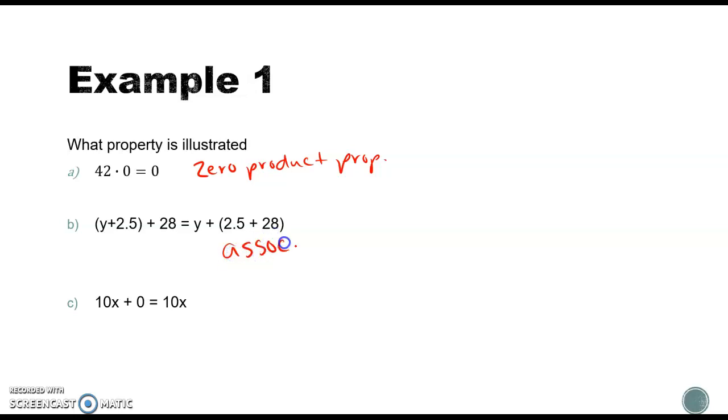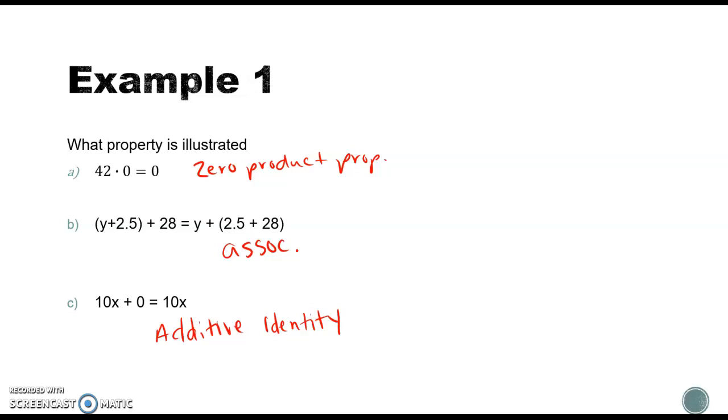The associative property is just changing the parentheses, not changing the order. And then here we are adding 0 to get itself, and so that's the additive identity. That's how we do those.